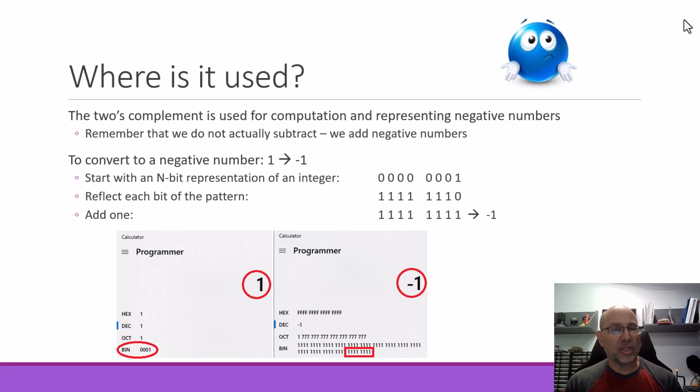Now this actually is a little trickier than it looks. The complement is pretty easy, but now we have to realize that the high order bit, the one all the way on the left, indicates the sign of a binary value. And if you want to fool around with this just for fun, you can actually do this in your calculators. And I've shown you the Windows calculator on the bottom for 1 and a -1.